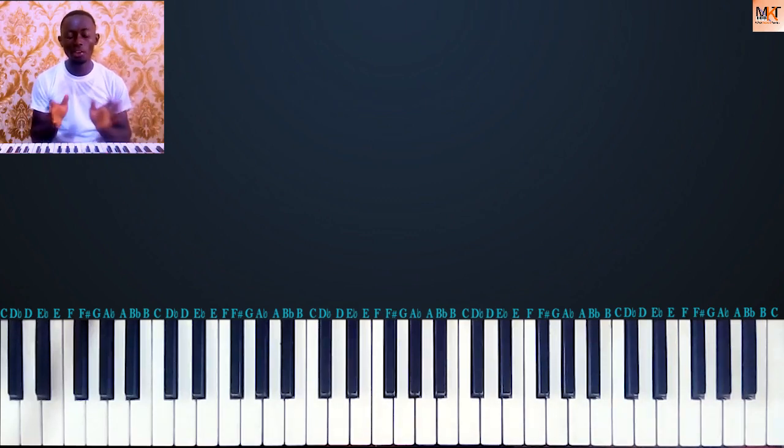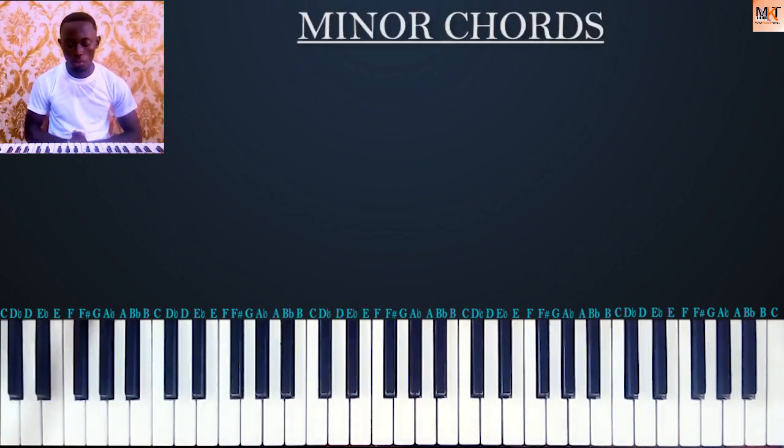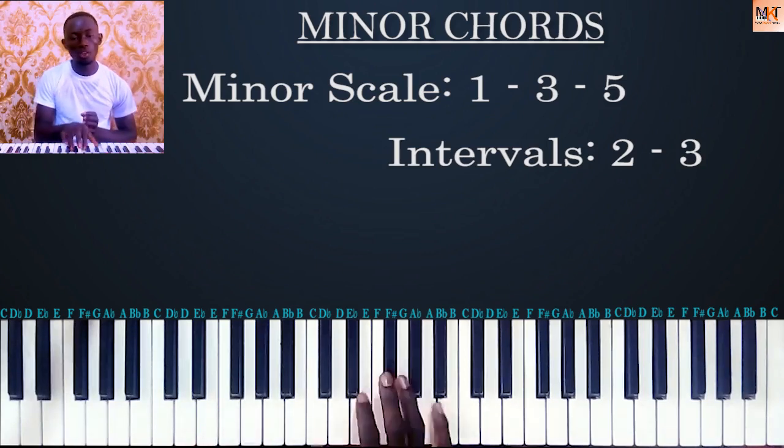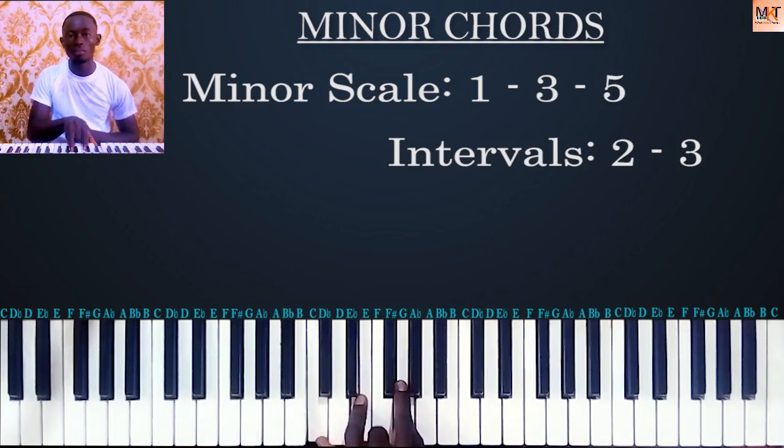Let's also look at how to form minor chords. Minor chords are not that different from major chords. It's just that the intervals have been interchanged. Instead of 3-2, it's 2-3. Or better still, when you're on the major chord, just reduce the major third by a half pitch, and that gives you something like that, which is C minor chord.